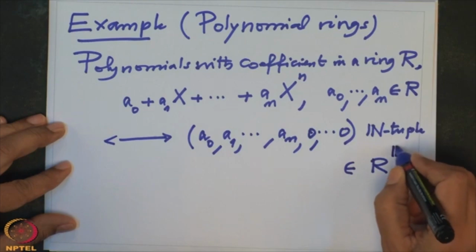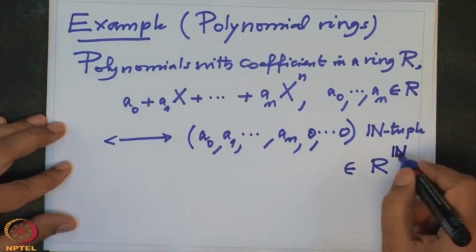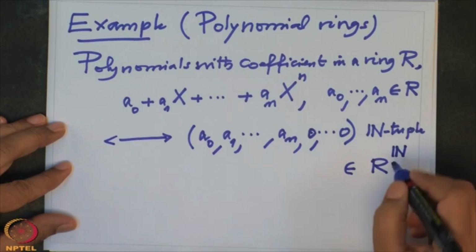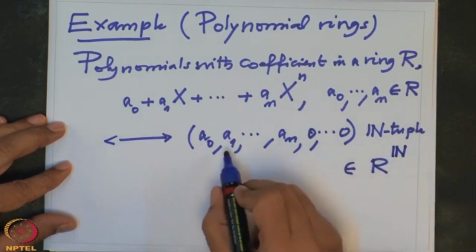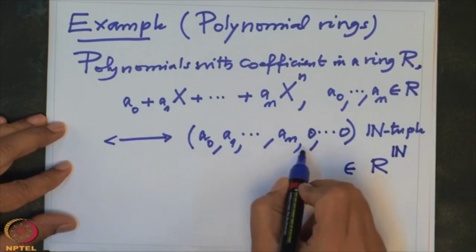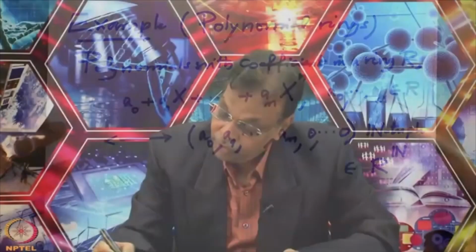This tuple has entries in R, and the set of such tuples is denoted by R power N. That is just a map from N to R, but we have more than an arbitrary map: only finitely many coordinates of this tuple are non-zero. That I want to write in the notation with a round bracket here.